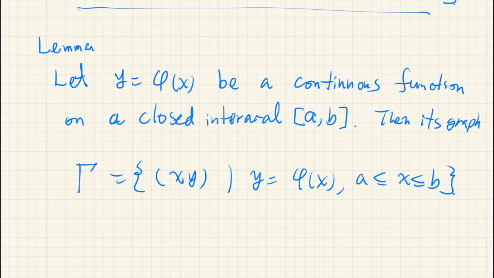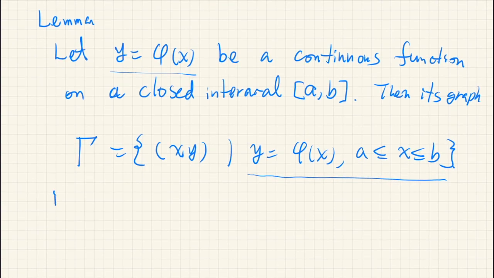So this is a set of points such that both conditions hold. This is the graph of this function. Then this is a null set.